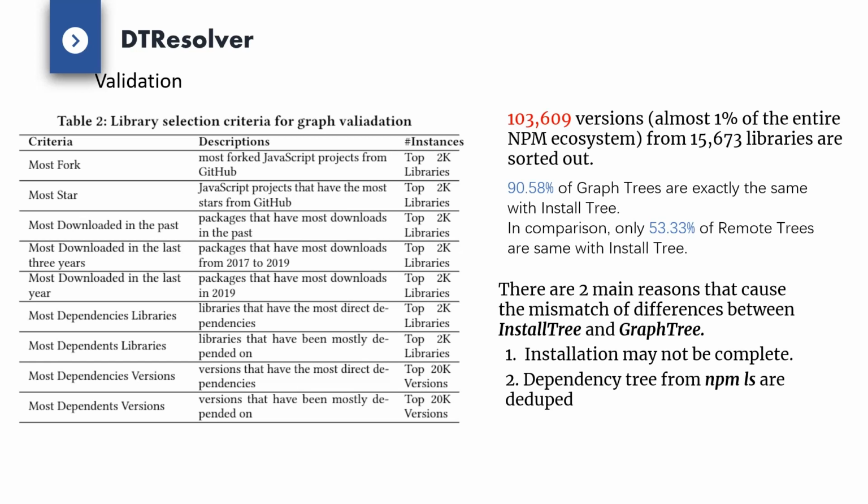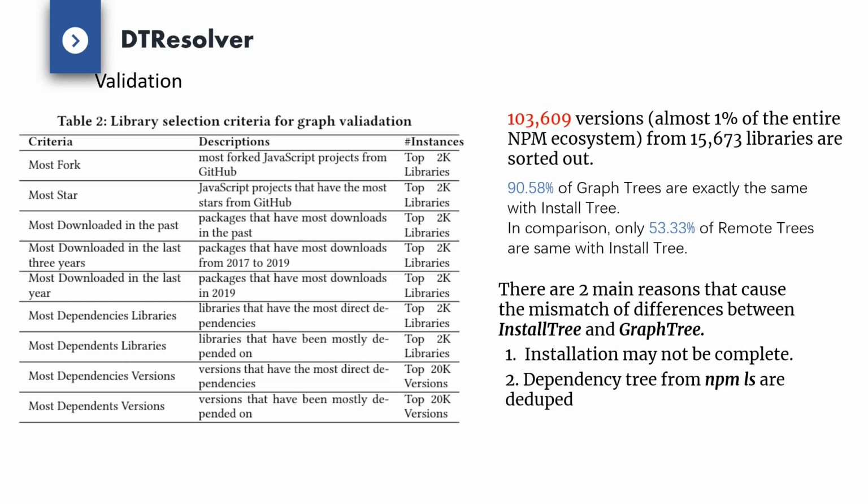According to the result, DT-resolver can resolve the same dependency trees with the result of real installation for 90.58% of library versions, and NPM Remote LS only can correctly resolve dependency trees for 53.33% library versions.